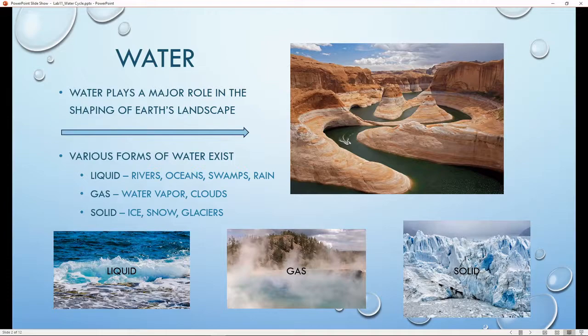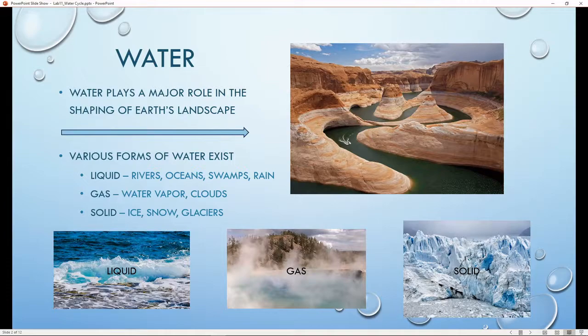So water plays a major role in shaping the Earth's landscape. I know we've discussed this quite a bit throughout the lab and within the course itself. It exists in various forms in the environment. Liquid as rivers, oceans, swamps, and rain. Gas and water vapor and clouds. And solid as ice, snow, and glaciers.